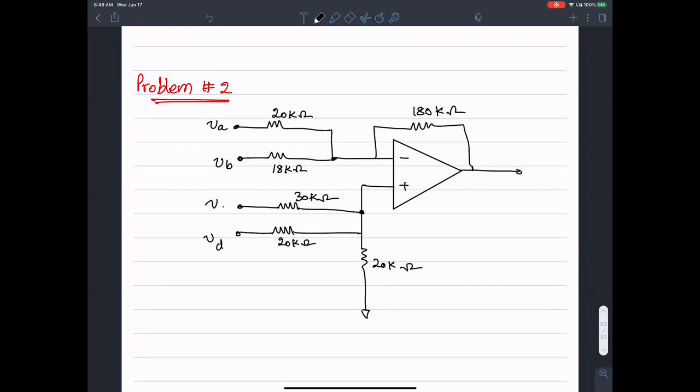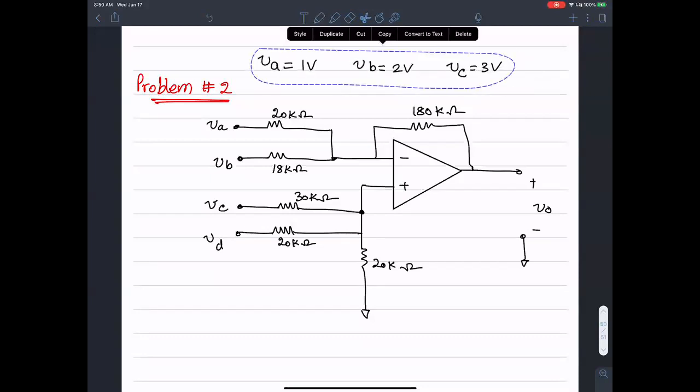It's being fed through VC. Okay, so what we want to do is to be able to calculate a value for VO. If I give you the value of VA to be 1 volt, VB to be 2 volts, VC to be 3 volts, and VD to be 4 volts.